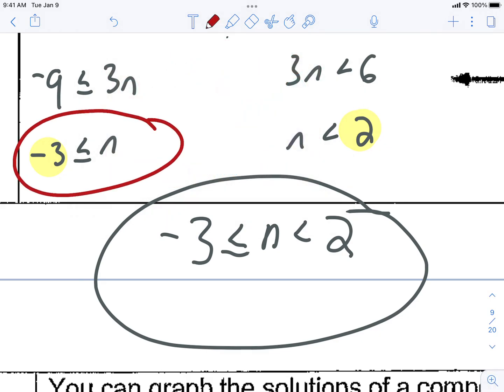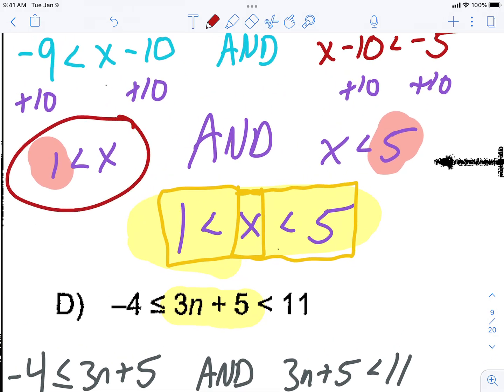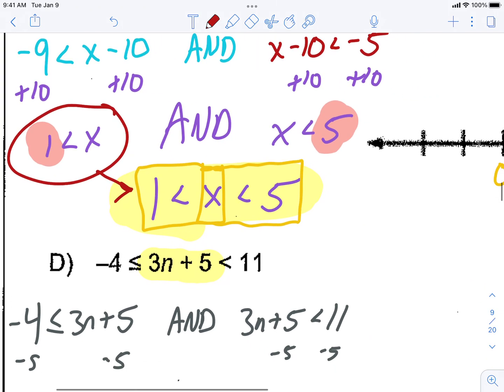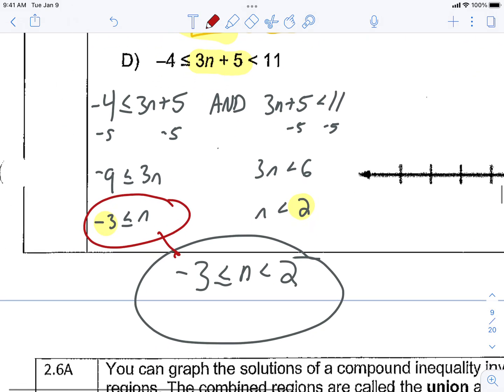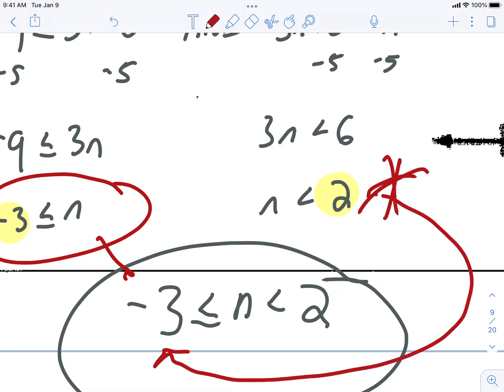So like here, negative 3 is on the left, so it goes on the left here. Here, the 1 was on the left, so it goes on the left here. Sometimes your smaller number will be up here. And then you just have to remember, okay, put it here. So in your final answer, your smaller number will be on the left.